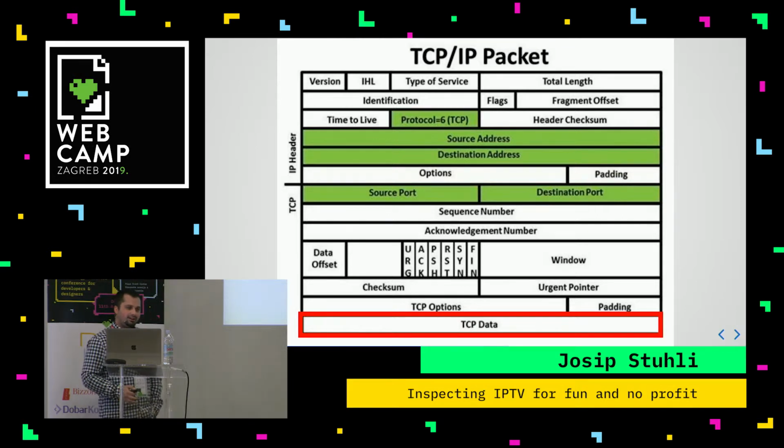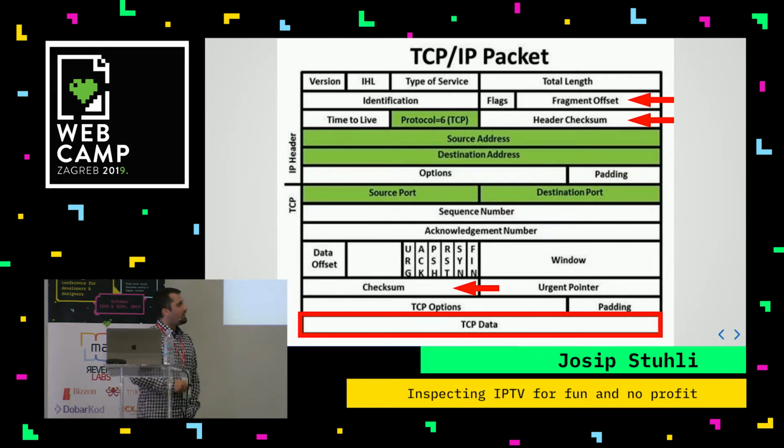TCP/IP, there's a lot going on, right? So I just want this, but that's not enough, right? You have to think about checksums if you modify this. You have to think about the IP checksum. And there's also the fragment offset, which is there because TCP packets and IP can come in any order, right?